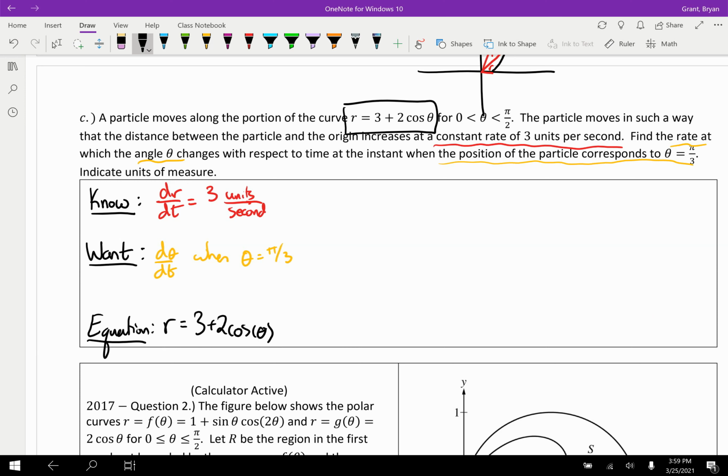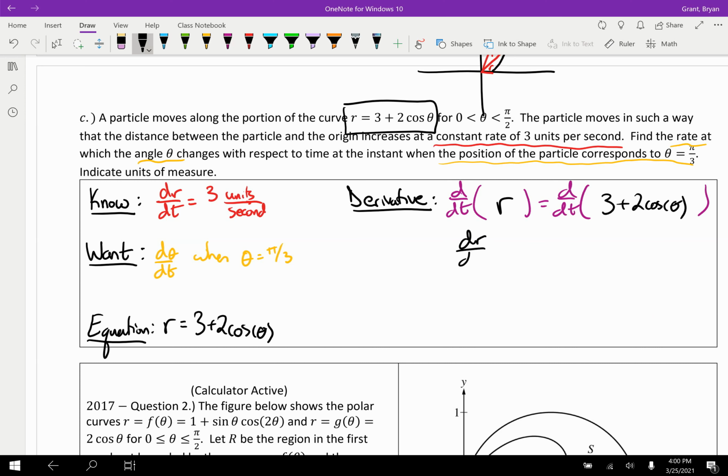All right, well, what else then? I think last but not least, we just need our derivative. The derivative, actually this is the 4th out of 5 parts for our related rates, is found by doing d/dt of each side of our equation, r and 3 plus 2 cosine of theta. We know that because of the dt's in our know and want. So what is our derivative?